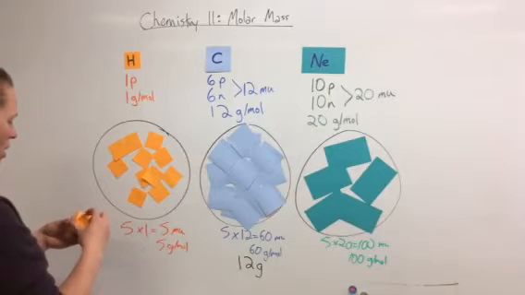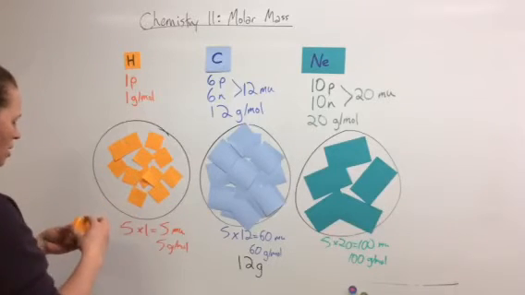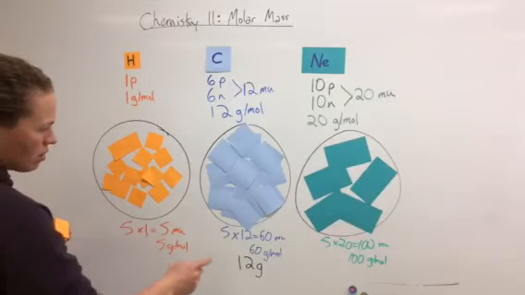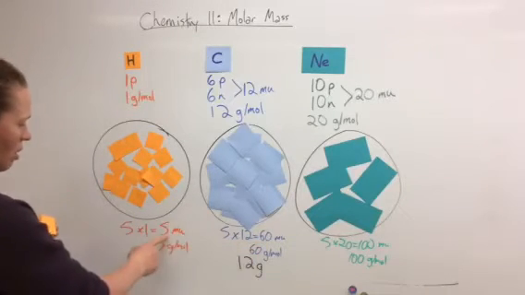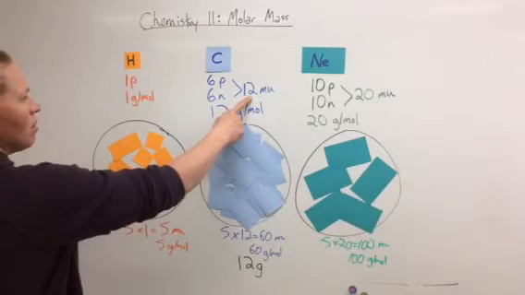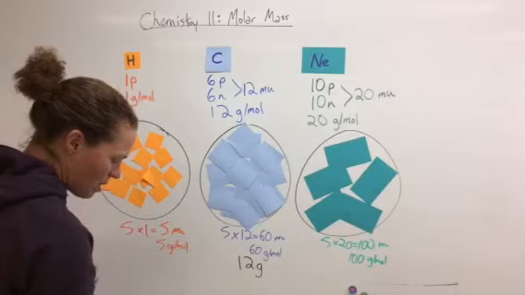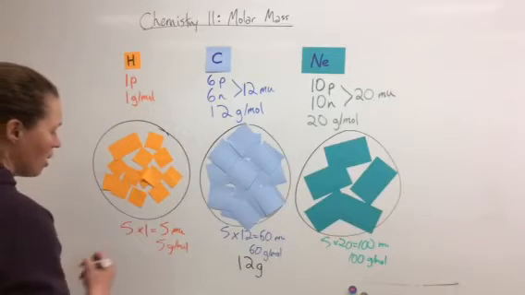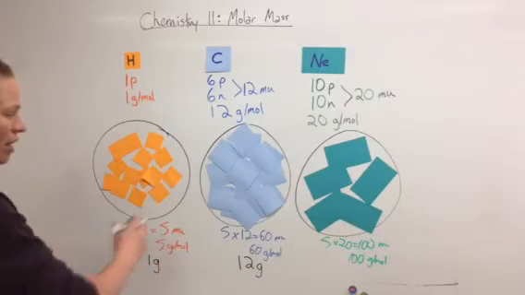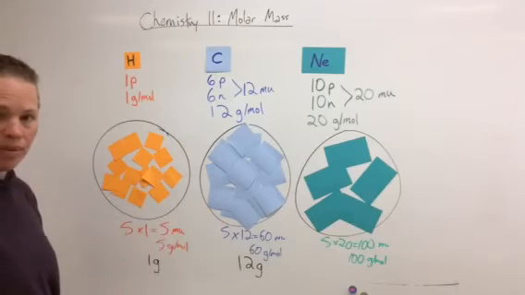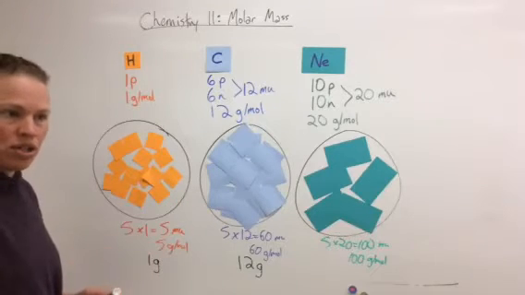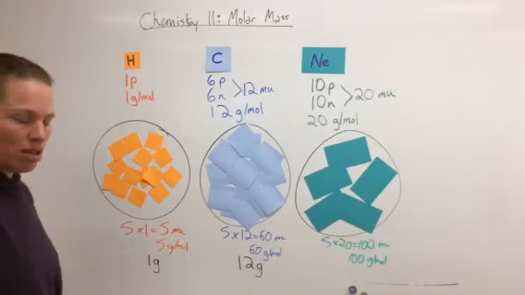And the ratio is one of 12 to 1. 60 is 12 times bigger than 5. 12 is 12 times bigger than 1. So if I wanted 12 grams here, I would end up with 1 gram here, and they'd be the same number of particles because the ratio is being maintained.